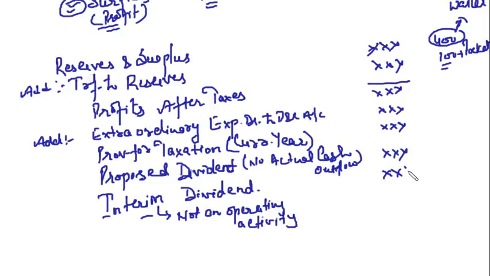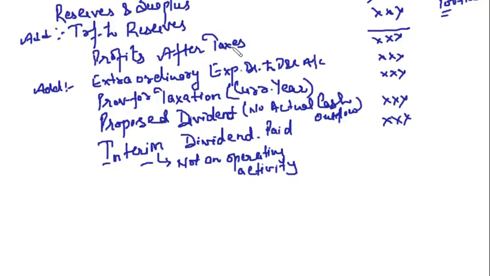So we will add back an item which was deducted in the profit and loss account, because interim dividend paid is an expense. You must have subtracted it out of the profits, but it is not an operating activity. So I will add back this item in the profits. Right? So these are the items that are to be added back.